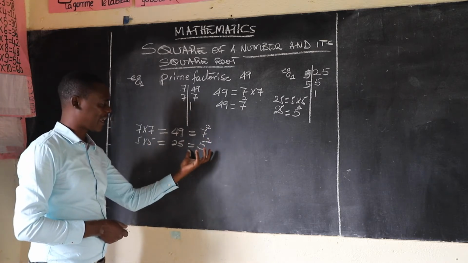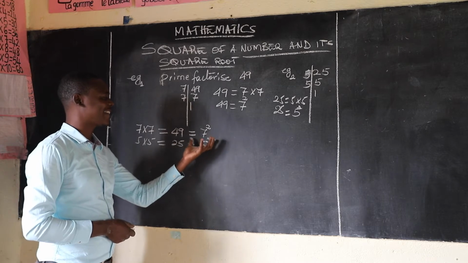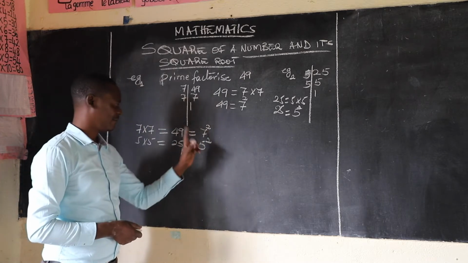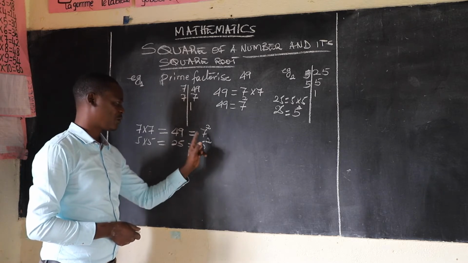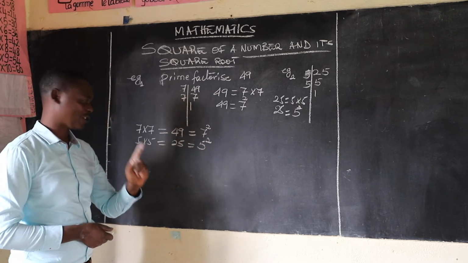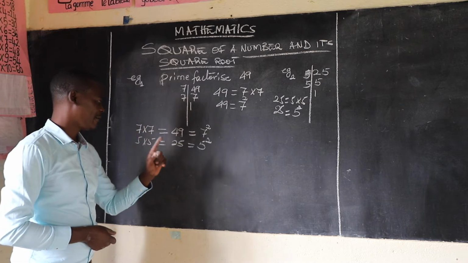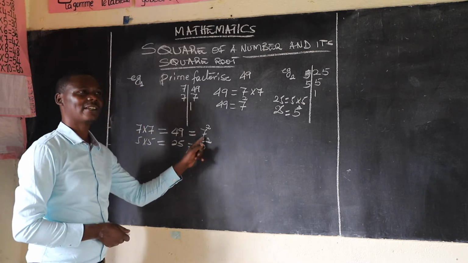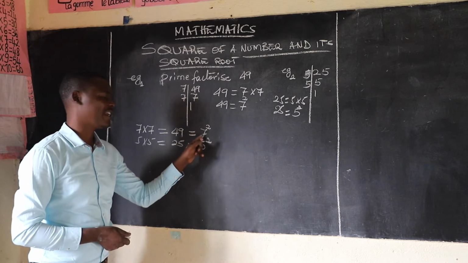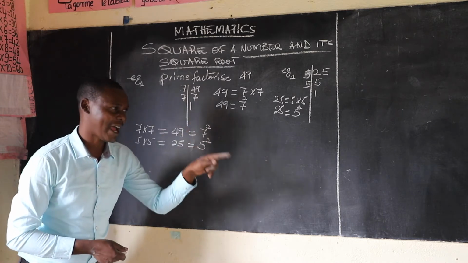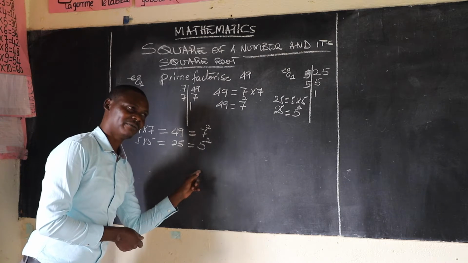Now, in what we are saying, you can hear the sound of square. 7 squared, 5 squared. This is to mean 7 times itself once, 7 by itself.